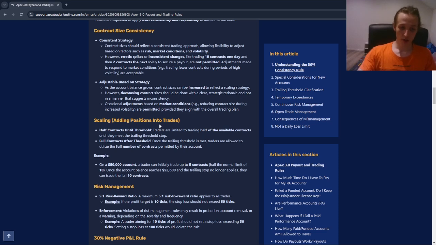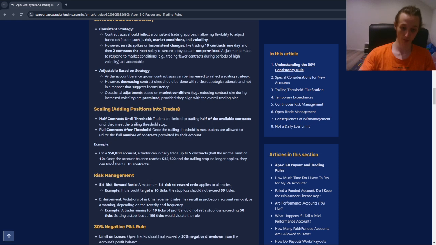Scaling, adding positions into trades, half contracts until threshold. Traders are limited to trading half of the available contracts until they meet the trading threshold. Full contracts after threshold. Once the trading threshold is met, traders are allowed to utilize the full number of contracts permitted by their account.